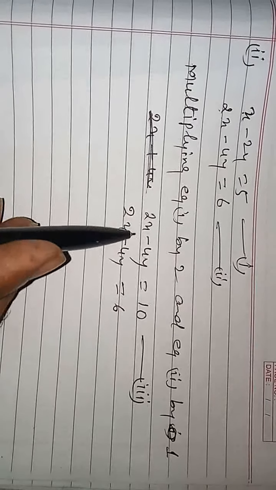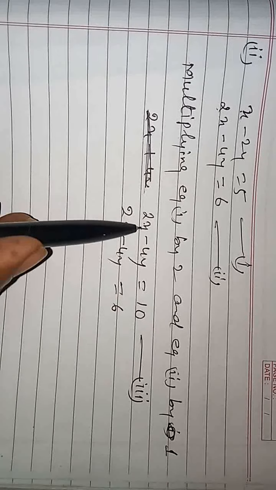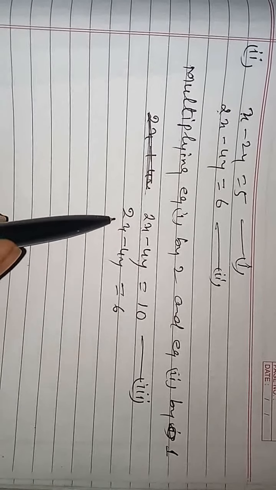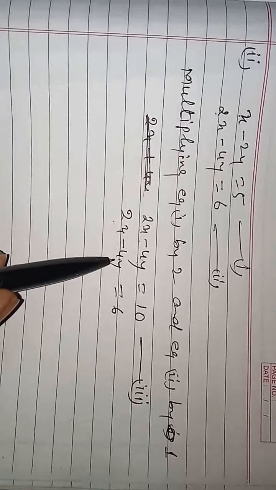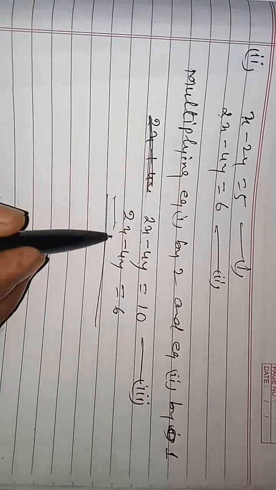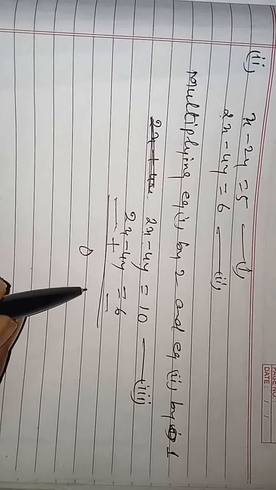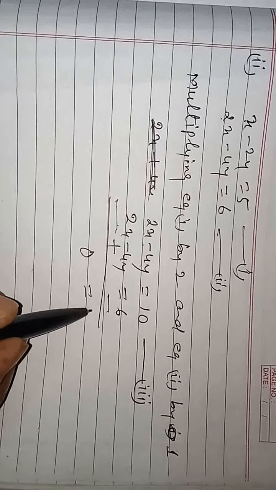Here you will see that in first equation we get 2x minus 4y, in second equation we get 2x minus 4y. If we subtract, we get 0 is equal to 4.